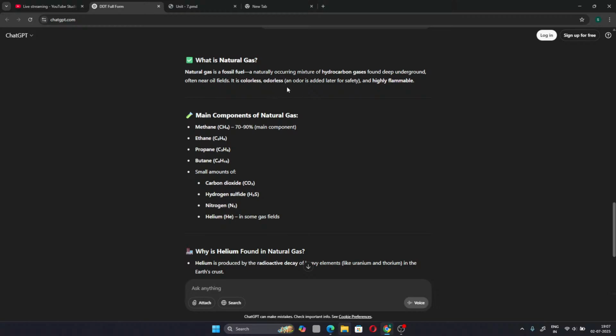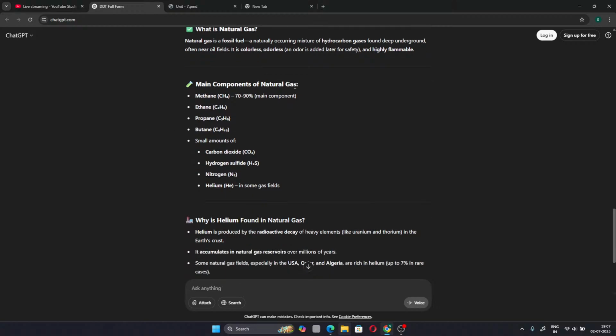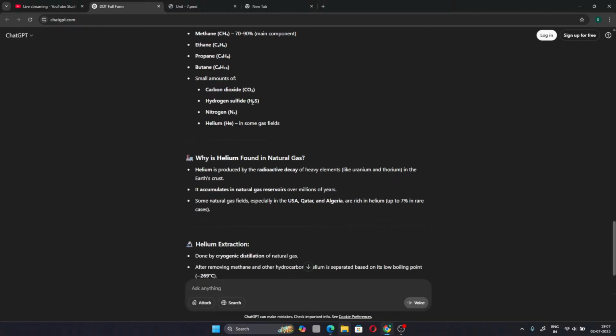It is colorless, odorless, and highly flammable. Odor is added later for safety. The main components of natural gas: methane 70 to 90%, ethane, propane, butane, and small amounts of carbon dioxide, hydrogen sulfide, nitrogen, and helium in some gas fields.